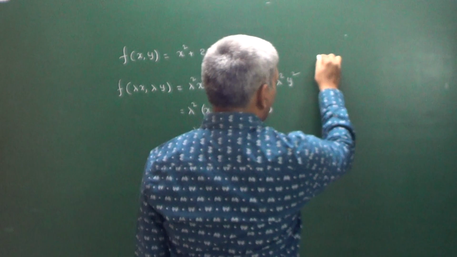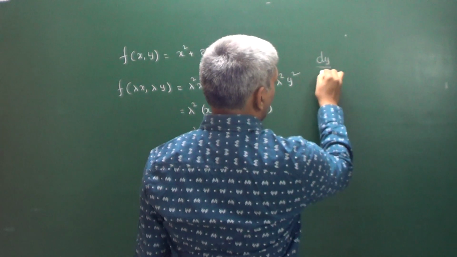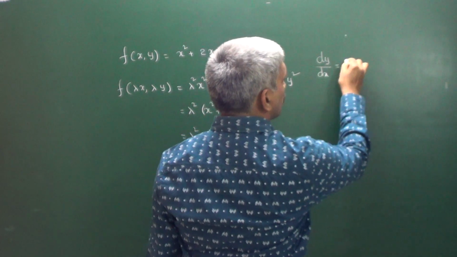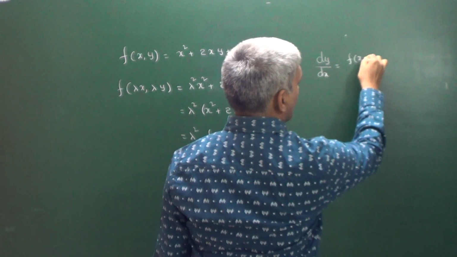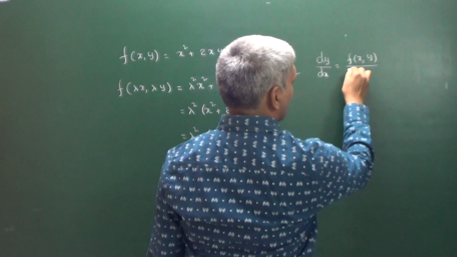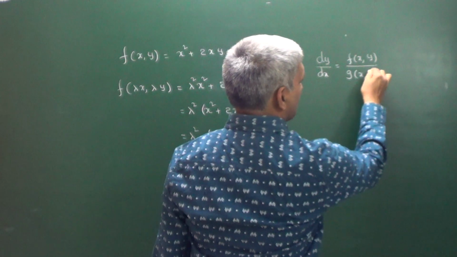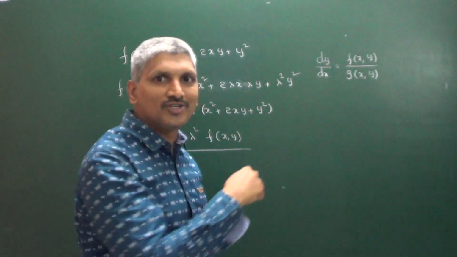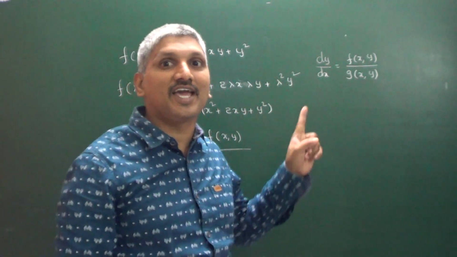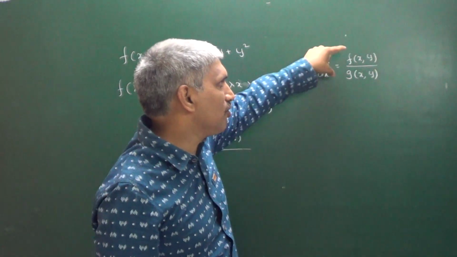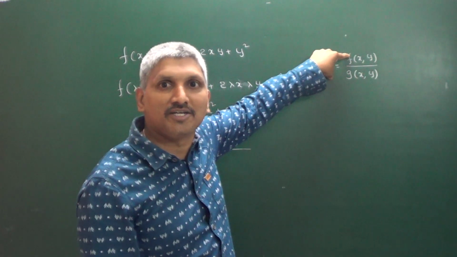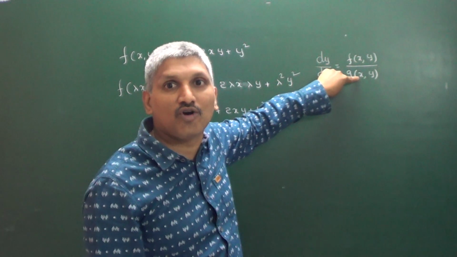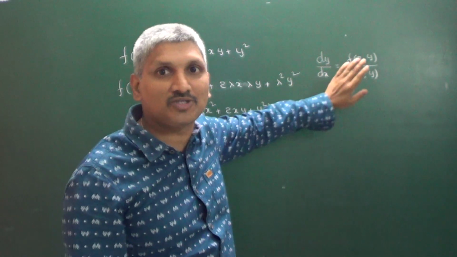A differential equation is said to be a homogeneous differential equation if f and g are homogeneous functions of the same degree. If f is a homogeneous function of degree 2, this g is also a homogeneous function of degree 2.